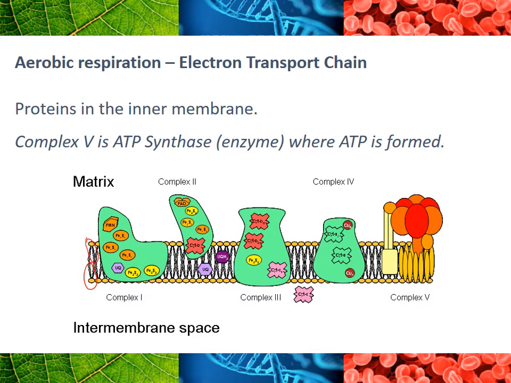Complex number 5 is ATP synthase. Remember, anything that ends in -ase is an enzyme. Enzymes are proteins. So ATP synthase is the enzyme where ATP is formed by combining ADP with inorganic phosphate. Okay, so that is where that actually occurs.